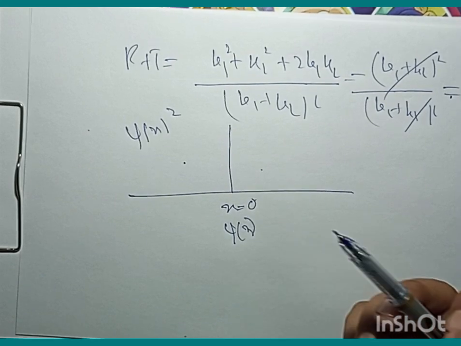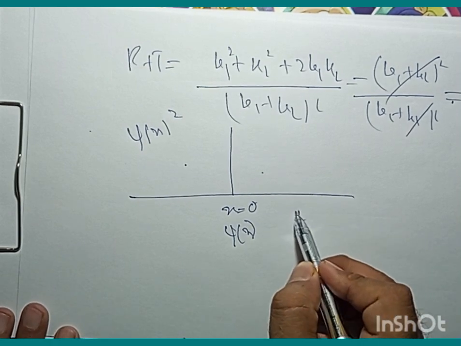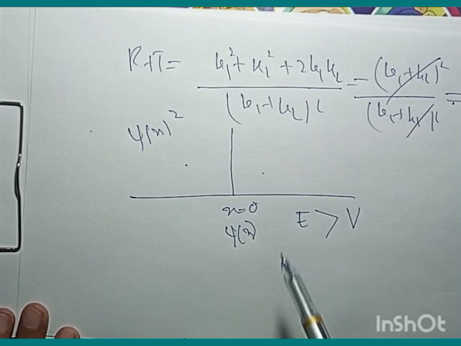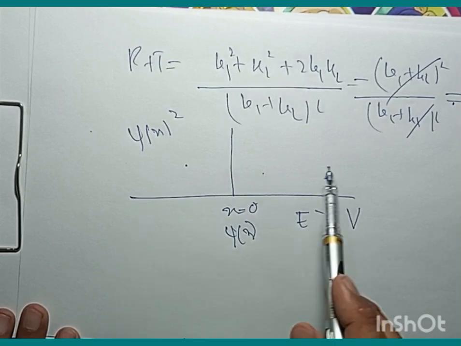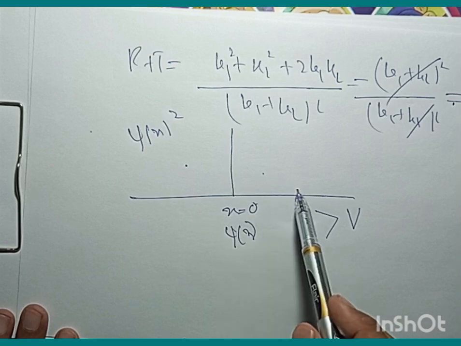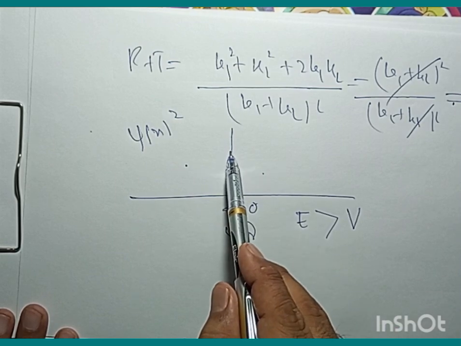So the conclusion for this case, where the energy of the particles hitting this barrier is greater than V: classically, all the particles should pass this barrier. But when we treat the same problem quantum mechanically, there is always a probability of reflection of some of the particles.